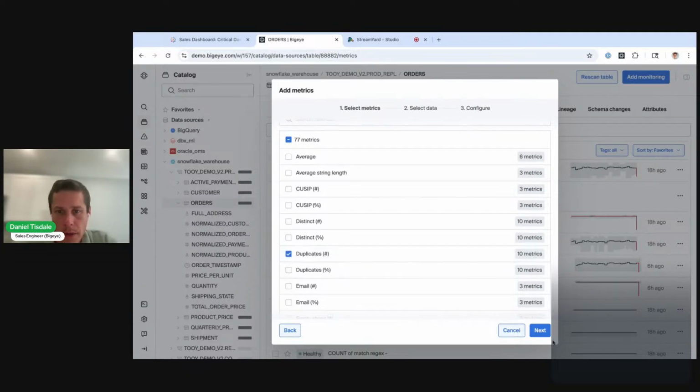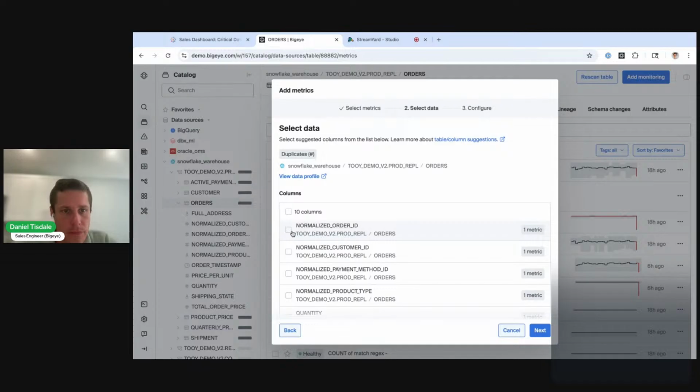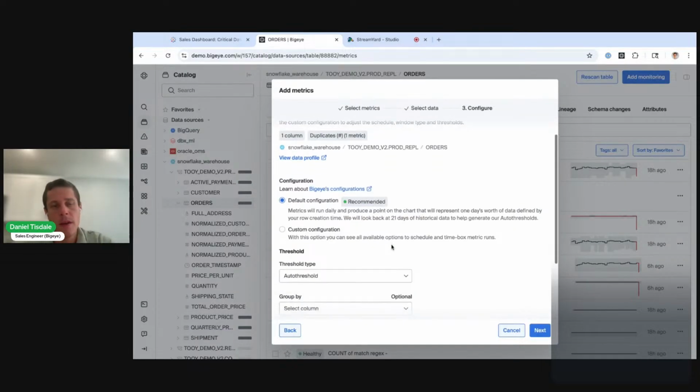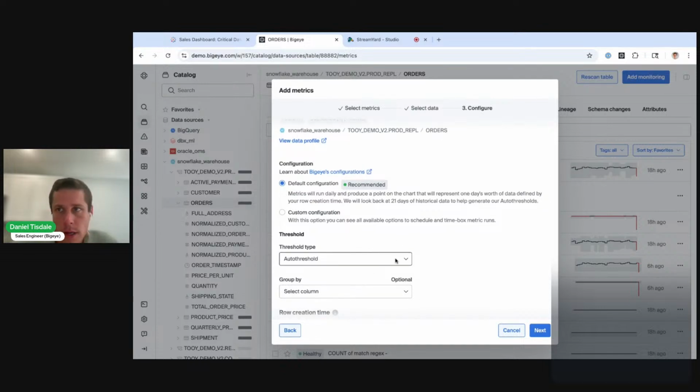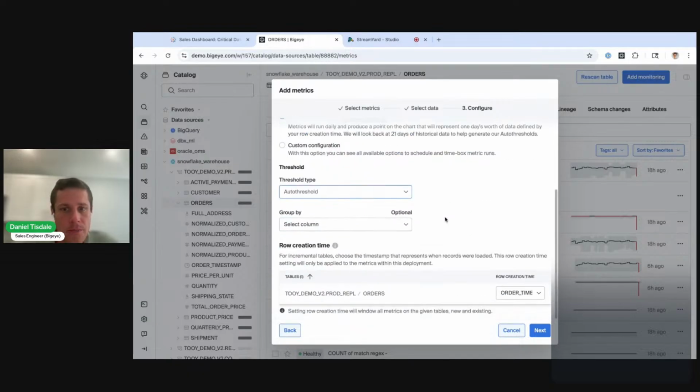Let's say we want to do a duplicate check on our order ID column. We want to make sure we have no duplicate order IDs. Select that column. And then this allows me to configure the threshold type. So most customers love the auto thresholds. That's leveraging the machine learning anomaly detection.